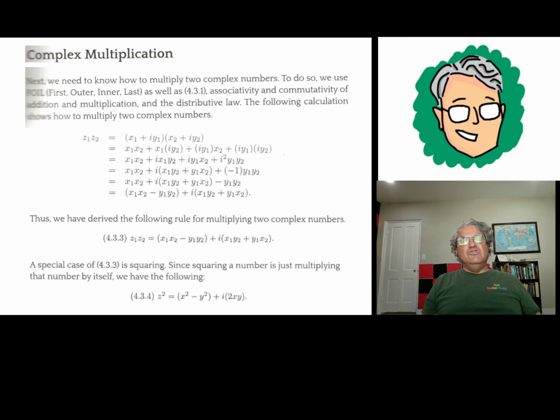So if you apply this formula to this special case, you're going to get the real part is going to be x squared minus y squared, and the imaginary part is going to be 2xy. So the answer, z squared, or if you like, (x plus iy) squared, is equal to x squared minus y squared, that's the real part, plus 2ixy. That's another very useful formula.